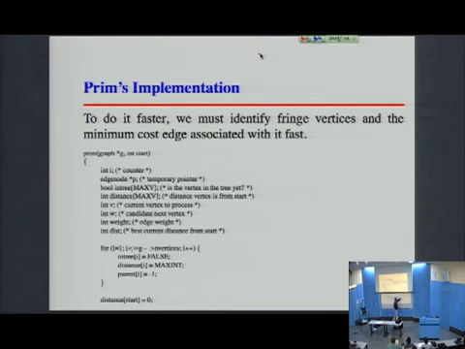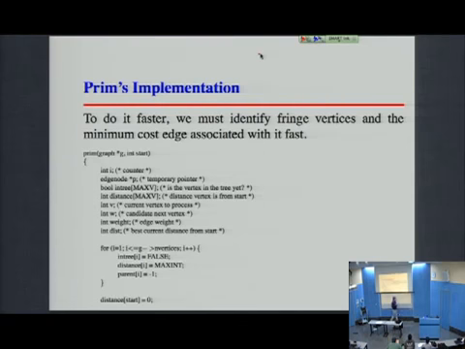We have some other cloud of vertices that are in what I will call the fringe. The fringe are the ones that are within one edge of being in the tree. Then we've got other vertices that are even further removed. I shouldn't have a cloud around them, but they're not in the fringe. Let's just put them here anyway.